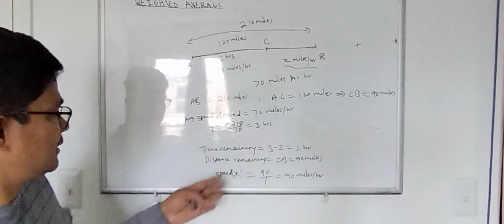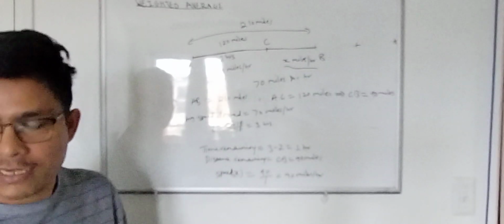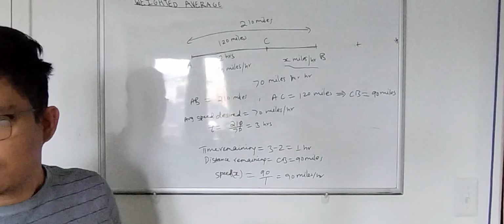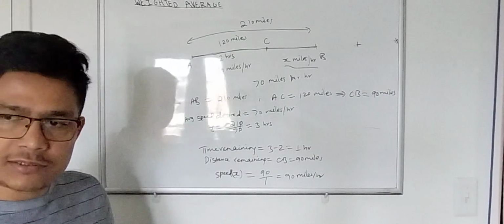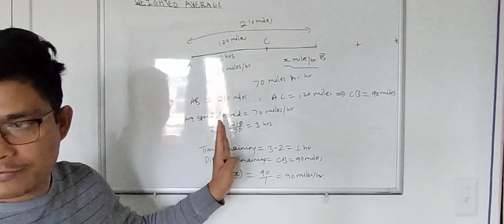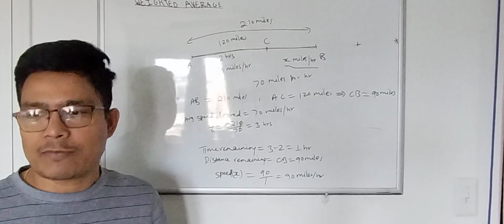See, it's simple to solve these problems like this, and this is also based on the concept of weighted average. Although here we did not use the weighted average formula, it's also a type of weighted average problem.